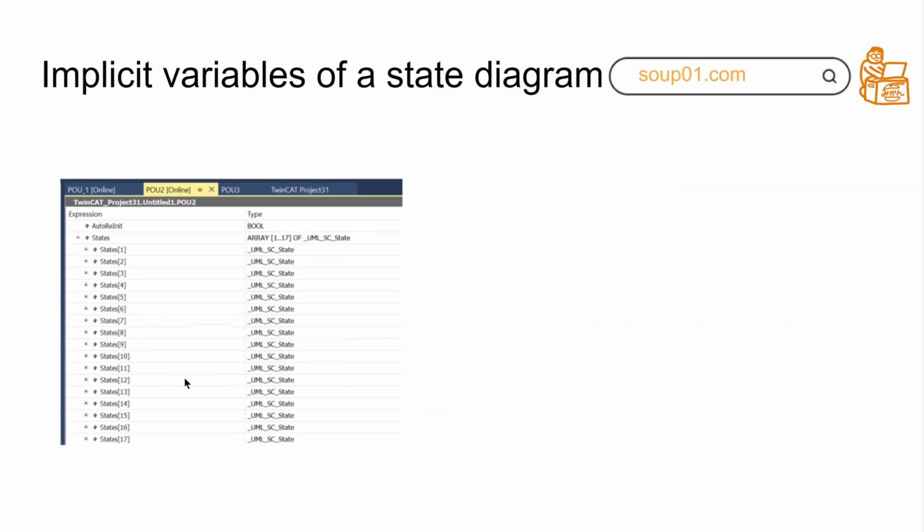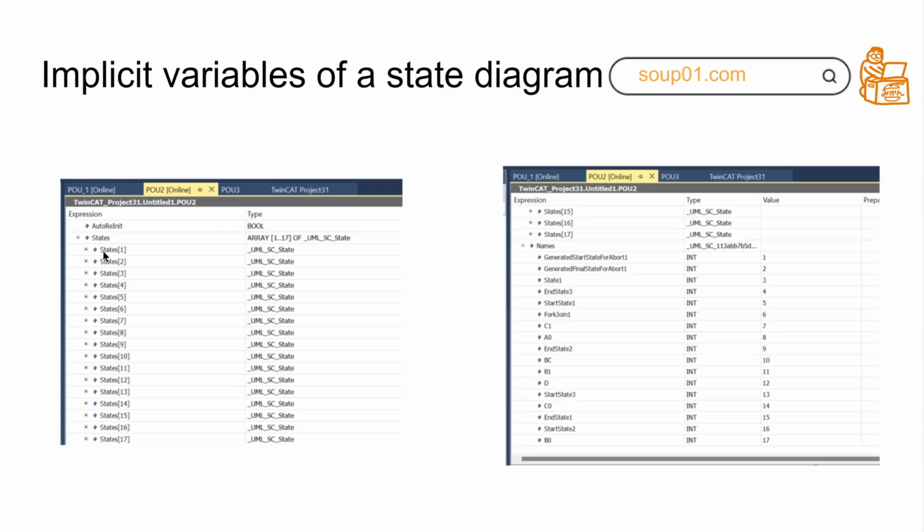Okay, here in the example I have 17 states, so I have a state array with 17 elements. If you scroll down a bit, you see elements called names. They have values of 1, 2, 3, 4, 5, 6, 7, 8 until 17.